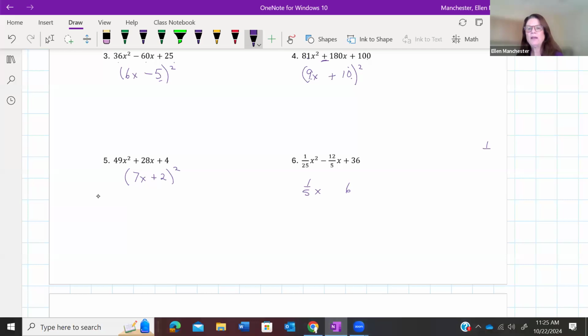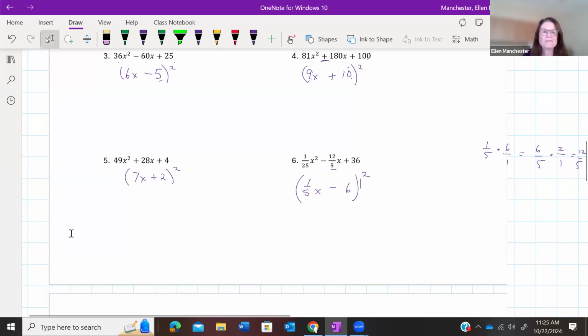So if I'm doing my math correctly, I get 6 over 5. Doubled gives me 12 over 5. There's my middle term. So it's 1/5 x minus 6 squared, and I'm done. Nice, huh? I love that trick. It's my favorite one.